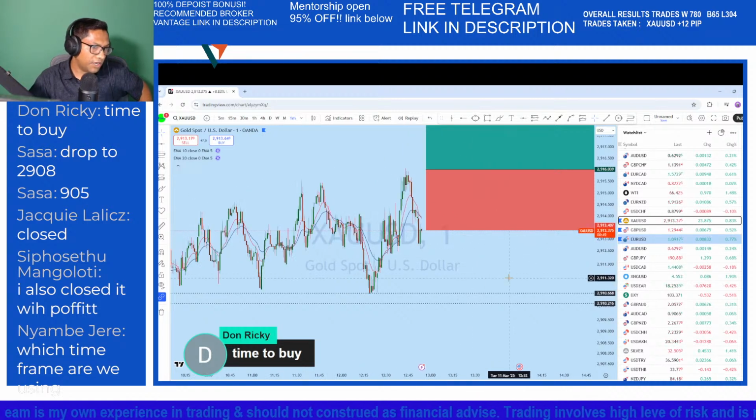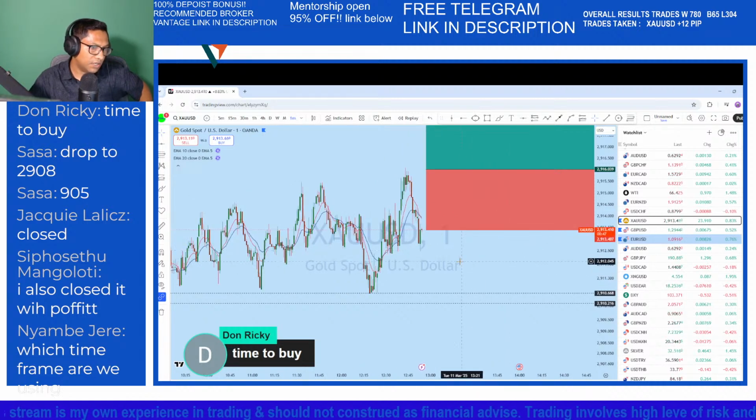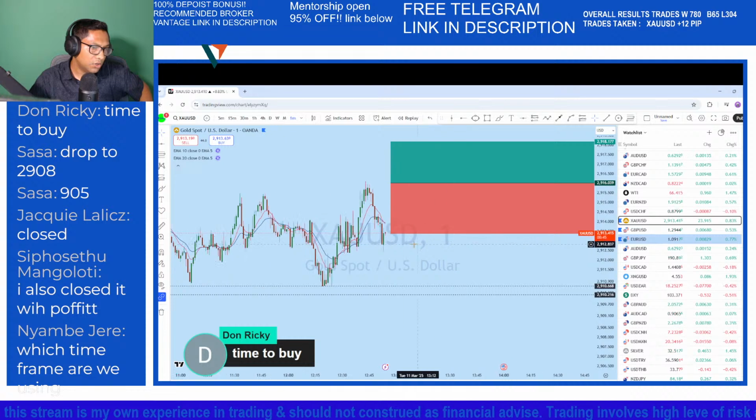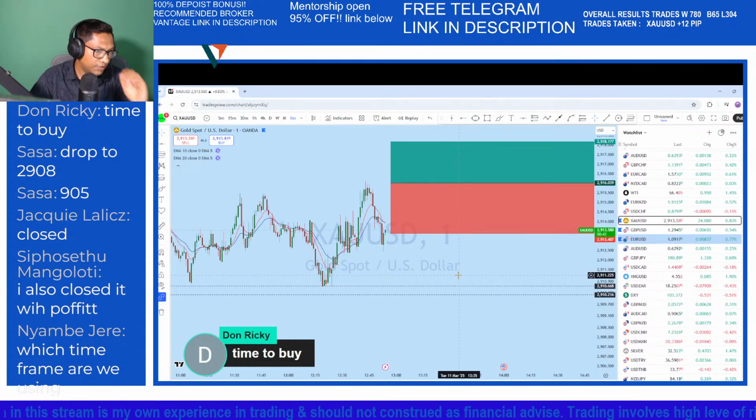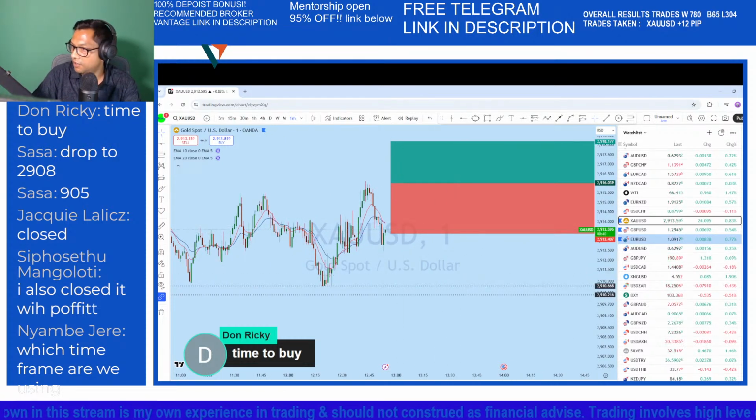So there are two probabilities here at the moment: the market tests the support and then bounces, or breaks below and then comes back here.